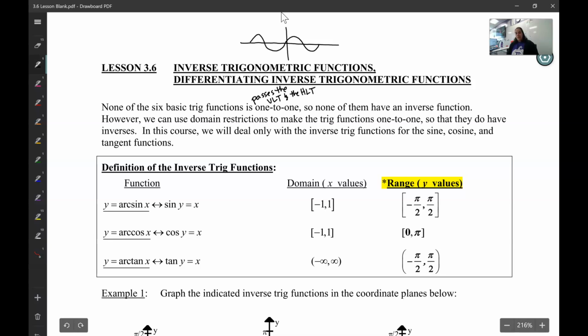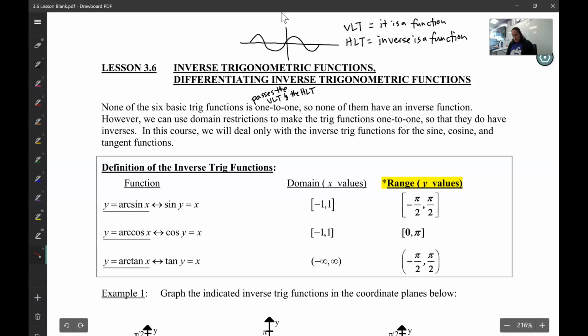The reason both of these tests are important: the vertical line test says it is a function. If it passes the vertical line test, it is a function. So sine of x is a function because it passes the vertical line test. The horizontal line test says if the inverse is a function.